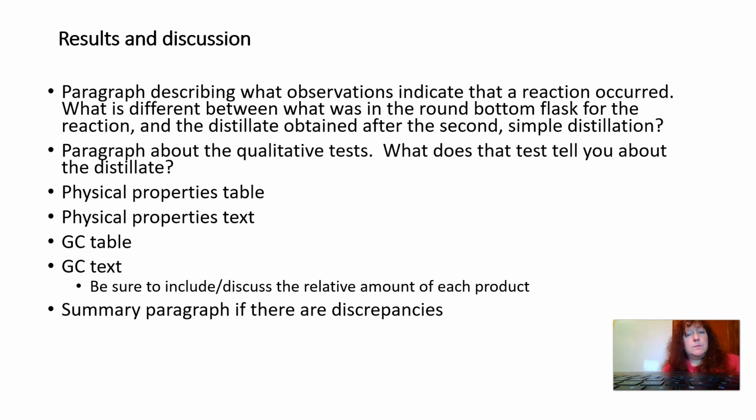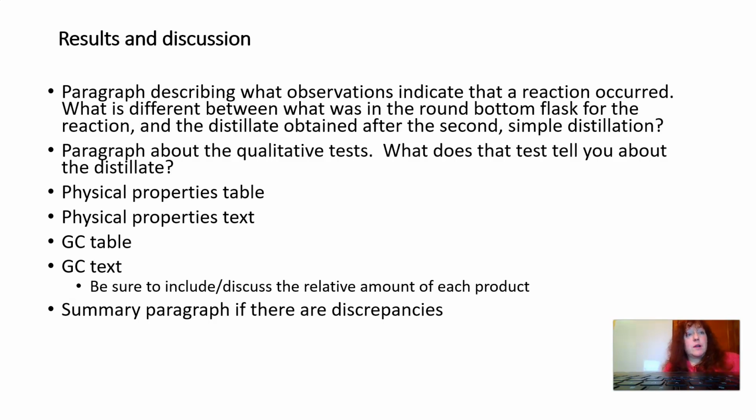And it would be a good place to put whether this follows the prediction made, because the entire point of this report is to talk about the prediction from Zaitsev rule, and does this reaction follow that rule? So it would be appropriate in the GC text to talk about which of the two is in higher amount, and is that the one that was predicted from Zaitsev rule?